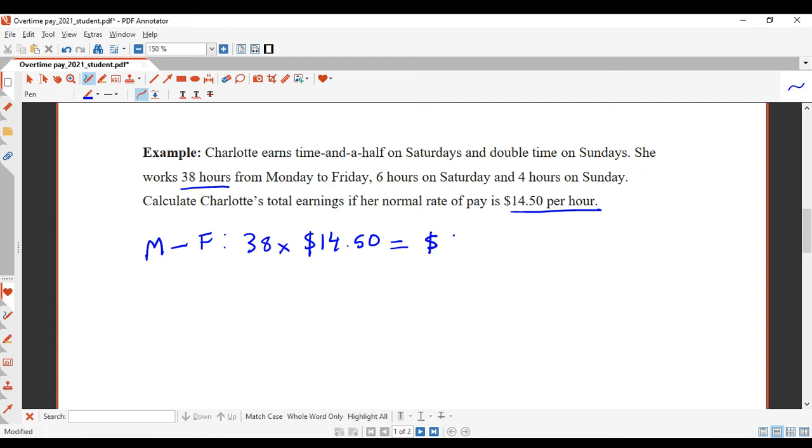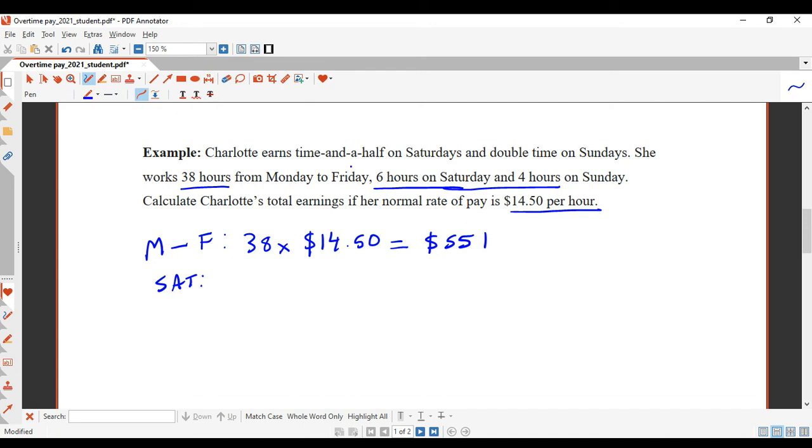$551. Now on Saturday, she works, let's have a look, 6 hours on Saturday, not 4 hours.